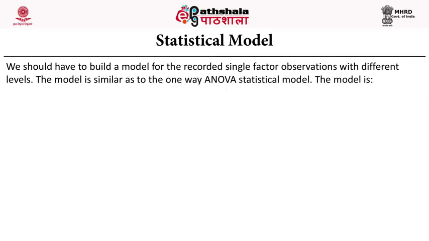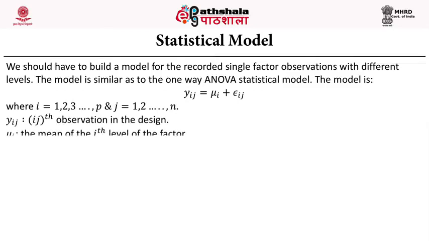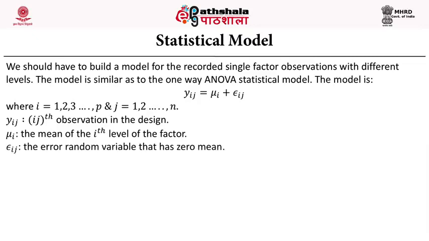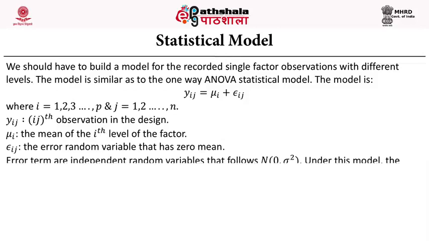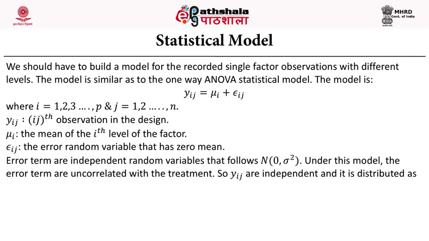The model is similar to the one-way ANOVA statistical model: y_ij is equal to mu_i plus error epsilon_ij, where i varies from 1 to p and j varies from 1 to n. y_ij is the ijth observation in the design, mu_i is the mean of the ith level of the factor, and epsilon_ij is the error random variable that has zero mean. The error terms are independently distributed random variables that follow normal with mean 0 and variance sigma squared.